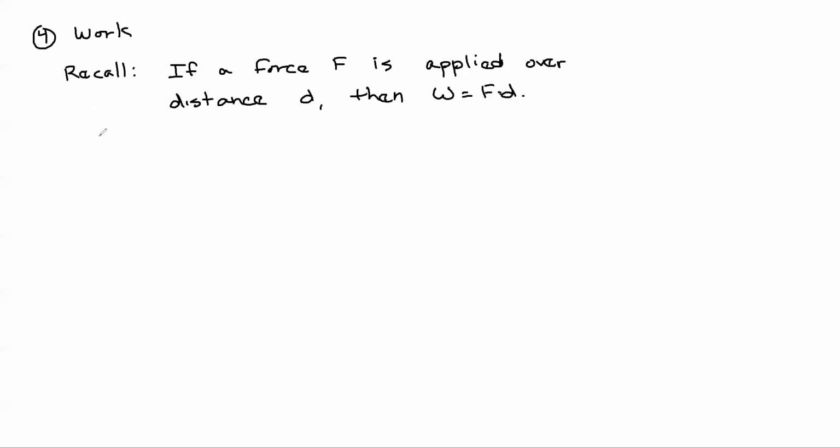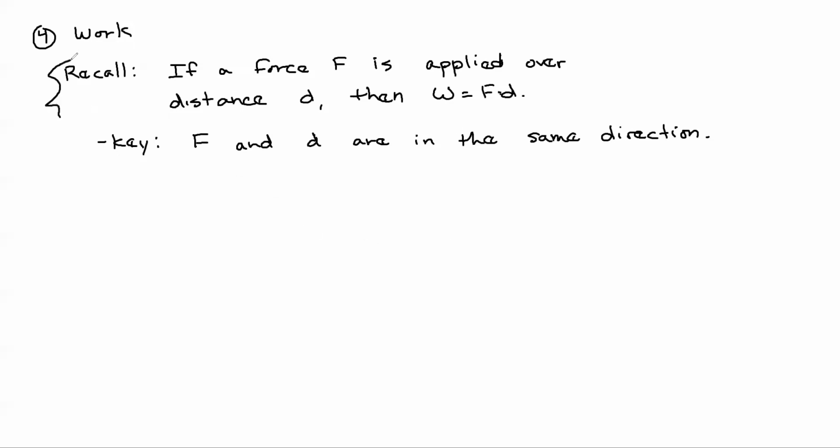Now, the key to this definition, and if this is going to matter in terms of what we're going to talk about today, is that F and D are in the same direction. Okay, so that's all recalled from a previous physics course.